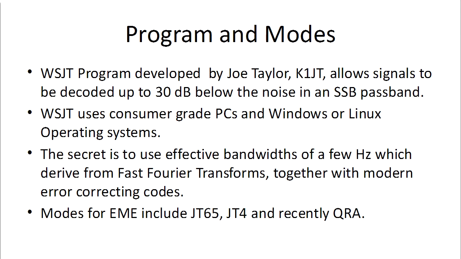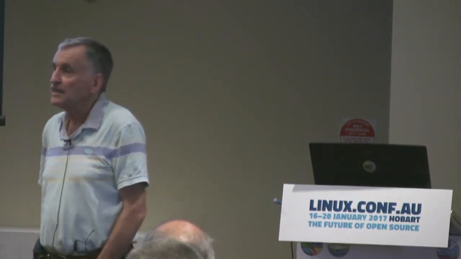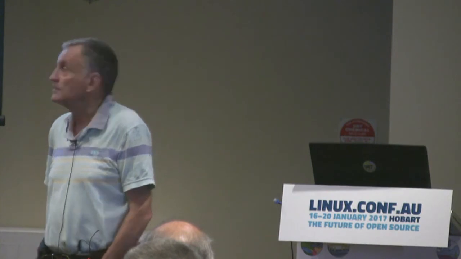Now that seems a bit of a trick, and normal amateurs use single sideband and use a passband of about 2.5 kilohertz, but with Fourier transforms, you can break that passband up into little segments that are only a few hertz wide, and so instead of looking at 2.5 kilohertz wide, you're looking at 2.5 hertz wide, and you've reduced the noise by 30 dB.